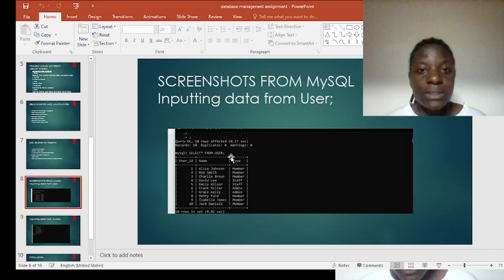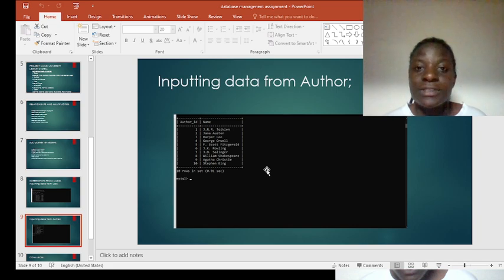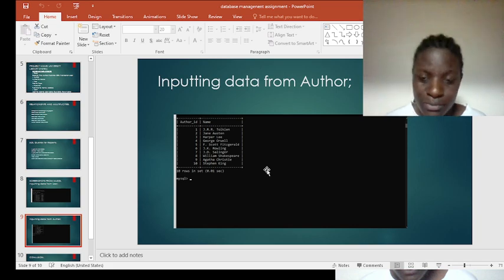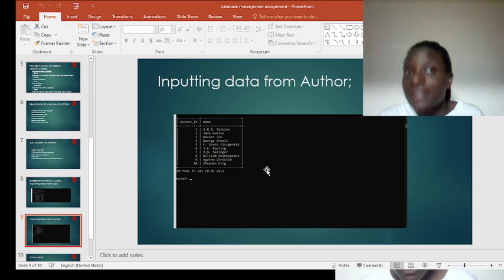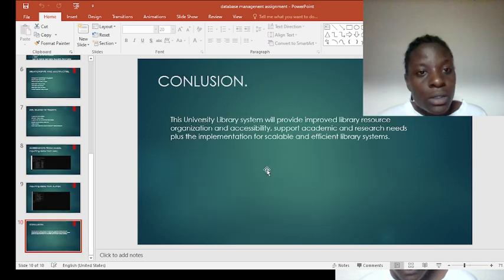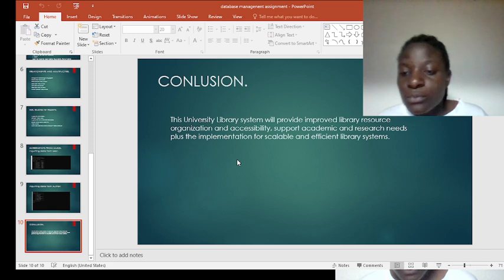One of them shows how to input data into the user table, and the other shows inputting data into the author table. Mind you, user, author, and book are entities, and those entities have different tables, with columns.